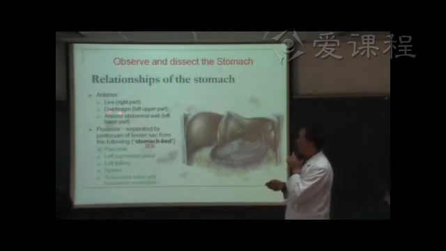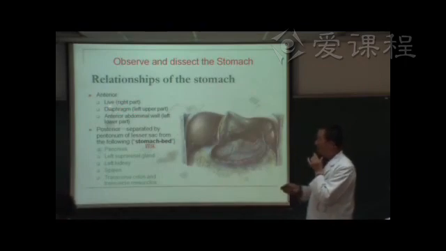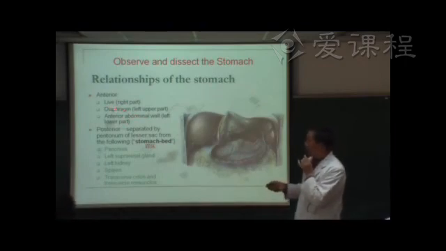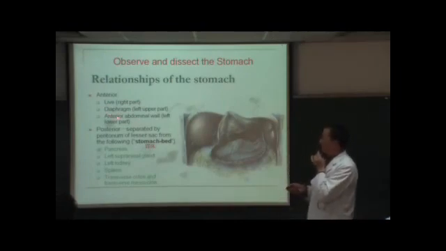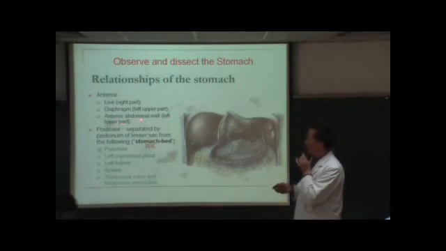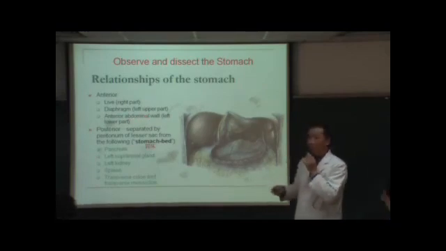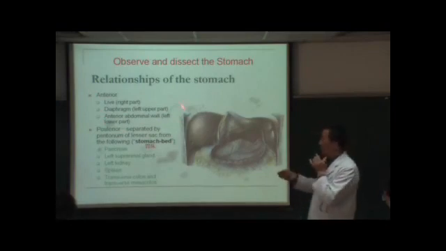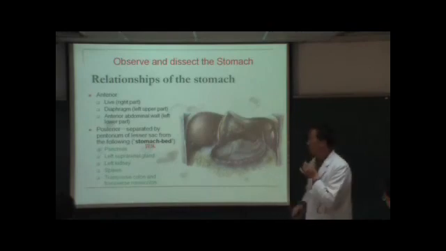The diaphragm. What is the diaphragm? 膈肌. Read these words. Diaphragm. Yes. And the abdominal wall, the anterior abdominal wall. These structures are located in front of the stomach.